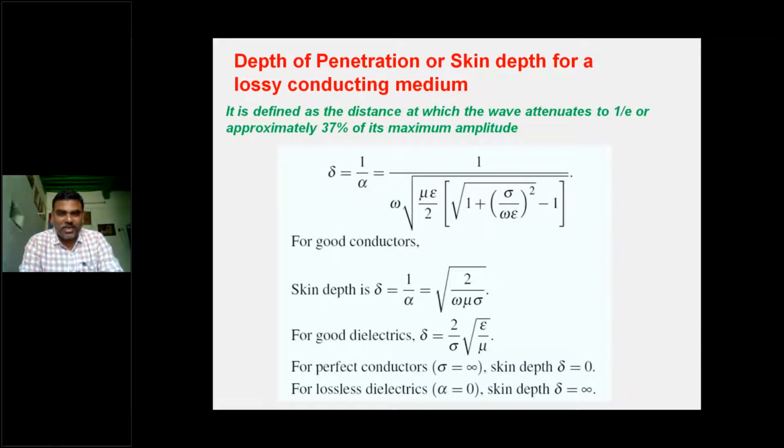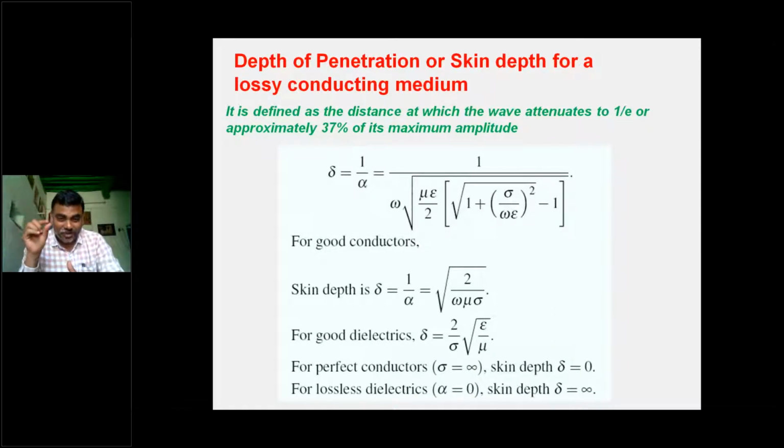And similarly for the good dielectric, delta is given by 2 by sigma root mu by epsilon. Okay, and for the perfect dielectrics the conductivity sigma is 0, so the skin depth delta is infinity. That means the EM wave decays to 1 by e times only at infinite distance for the perfect dielectric.